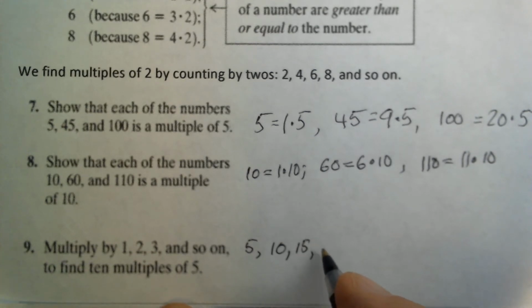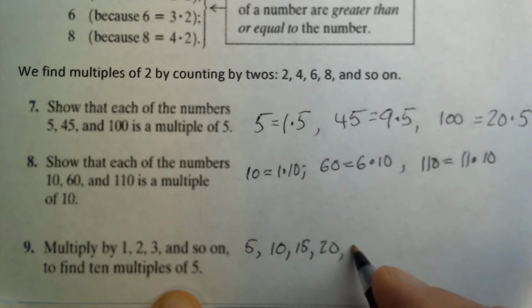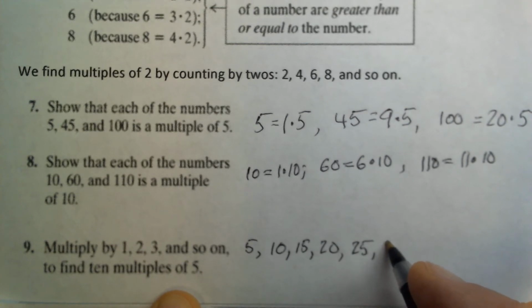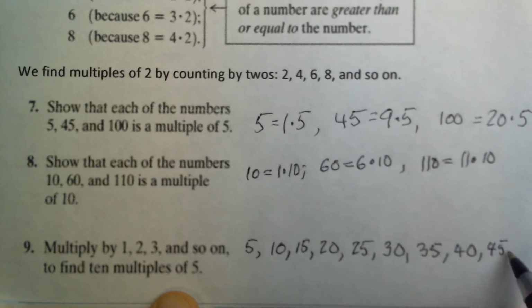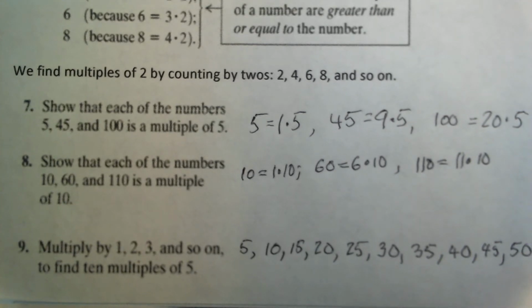And 4 times 5 is 20. And 5 times 5 is 25. And 6 times 5 is 30. And 7 times 5 is 35. And 8 times 5 is 40. And 9 times 5 is 45. And 10 times 5 is 50. Okay? So it's easy to find multiples of a number.